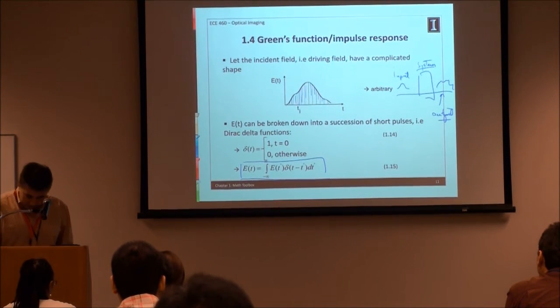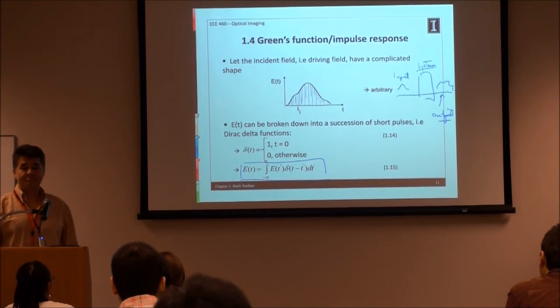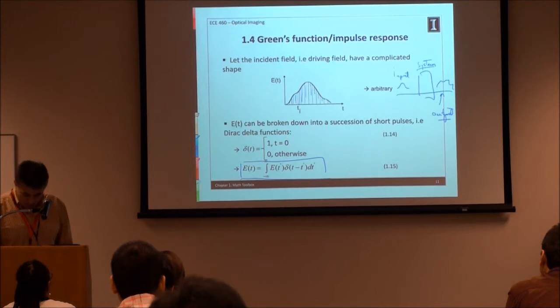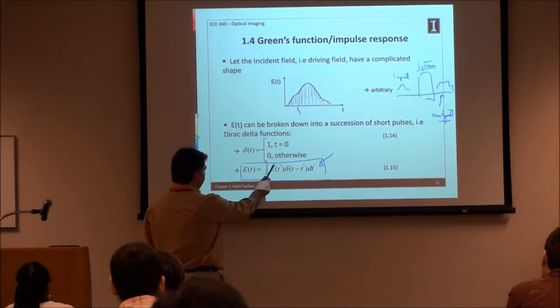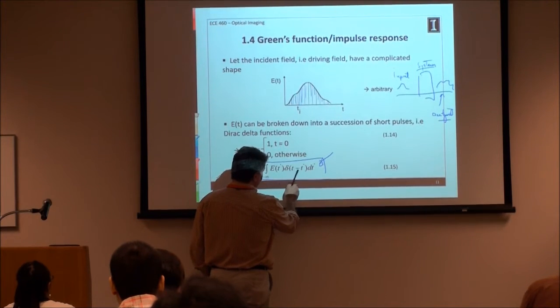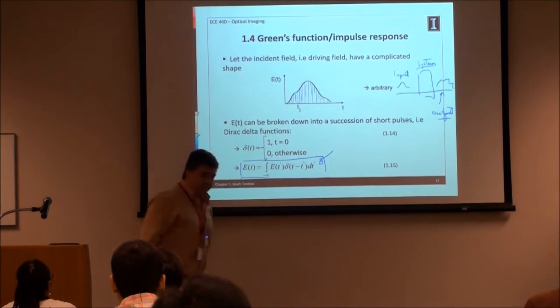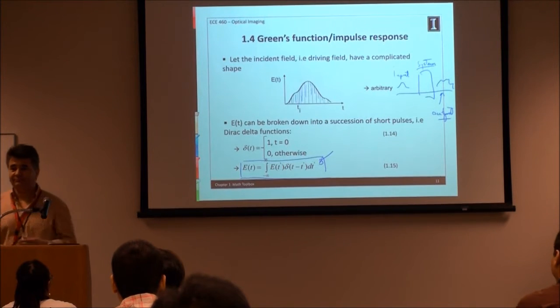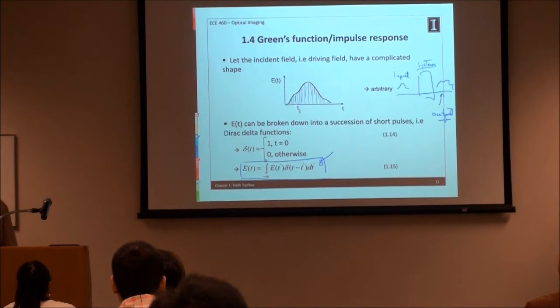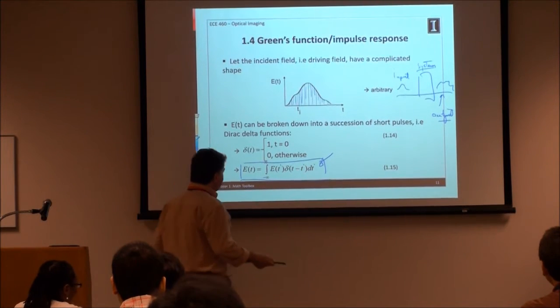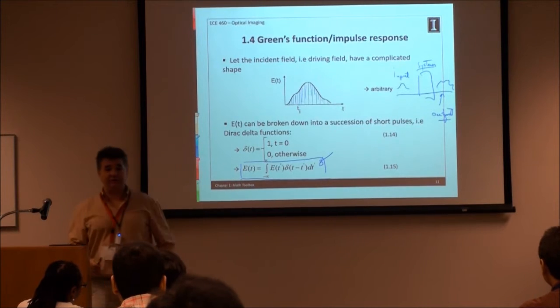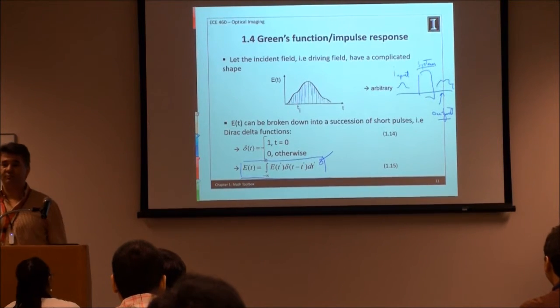Which basically, what is this operation here? This integral, what is that called? So I have a function of t prime, another function of t minus t prime, and I integrate over t prime. That has a name. Good, okay. It means that if I convolve any function with a delta function, I get the original function back.